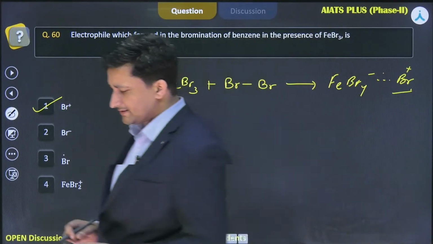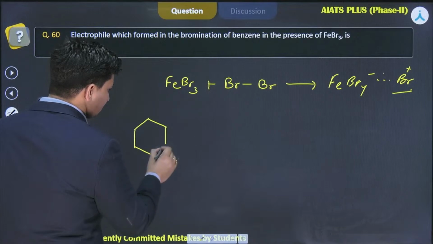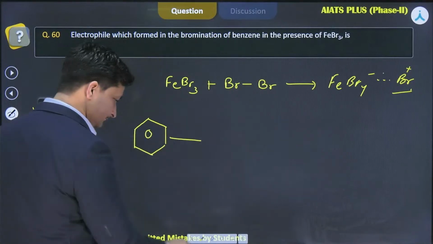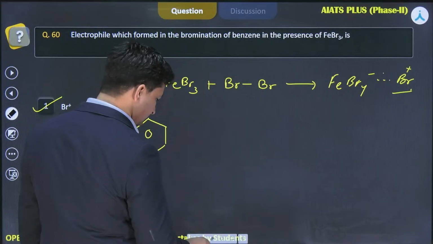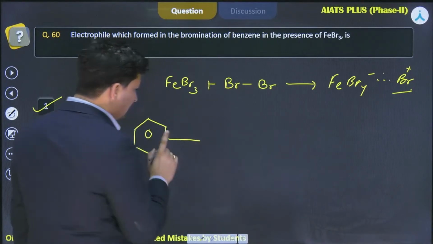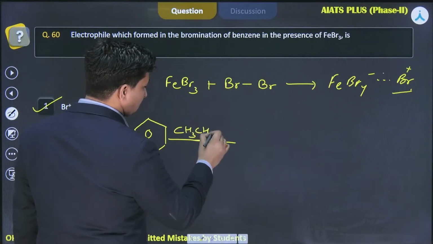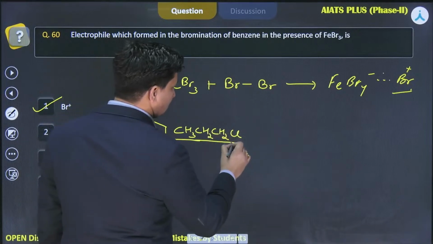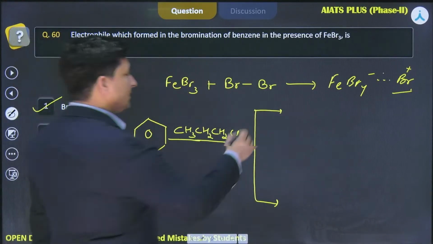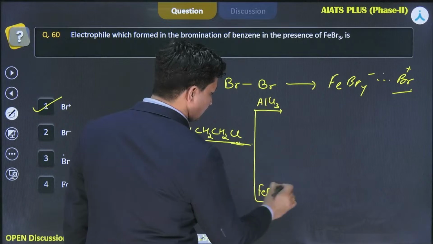If I ask you a simple question, I am allowing benzene to react with CH3CH2CH2Cl, once in presence of AlCl3 and once in presence of FeBr3.